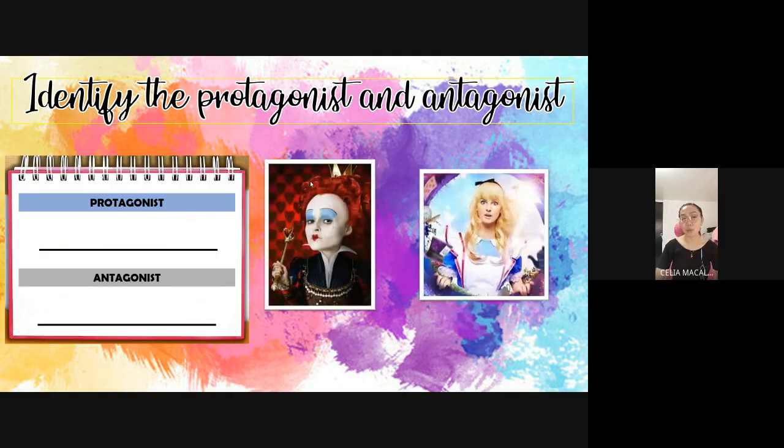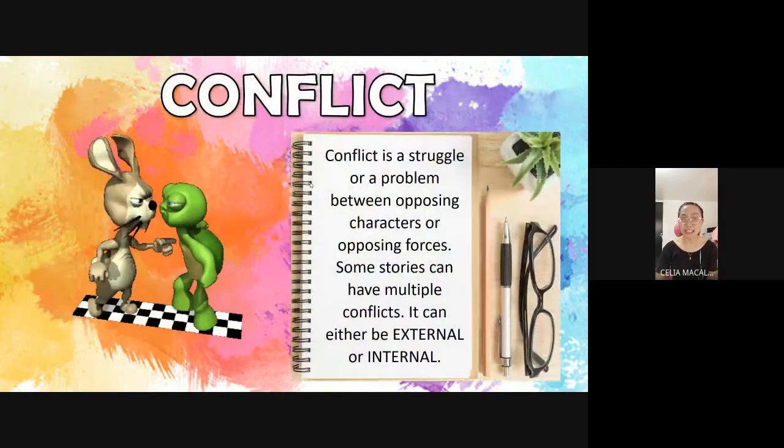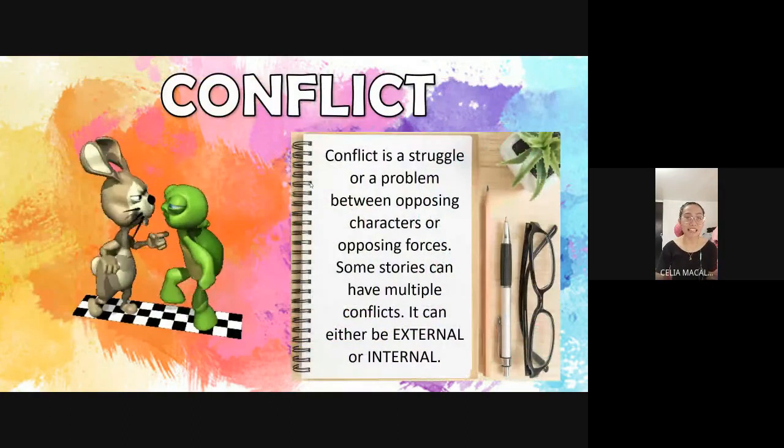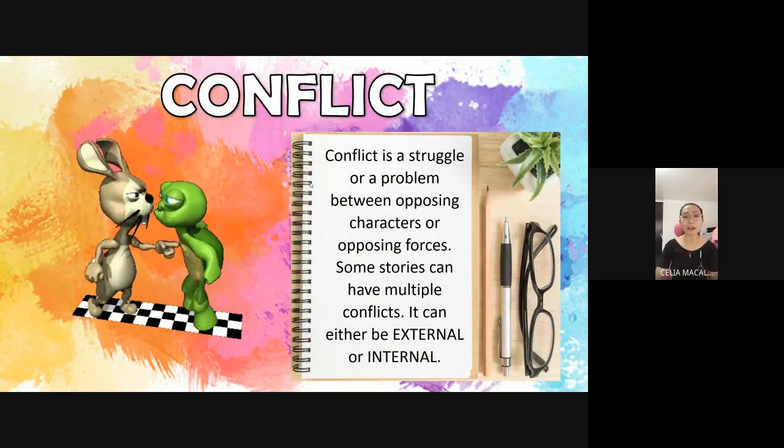Lastly, we have here Red Queen and Alice from the movie or the cartoon Alice in Wonderland. So the protagonist is of course Alice and our antagonist is Red Queen. Great job!